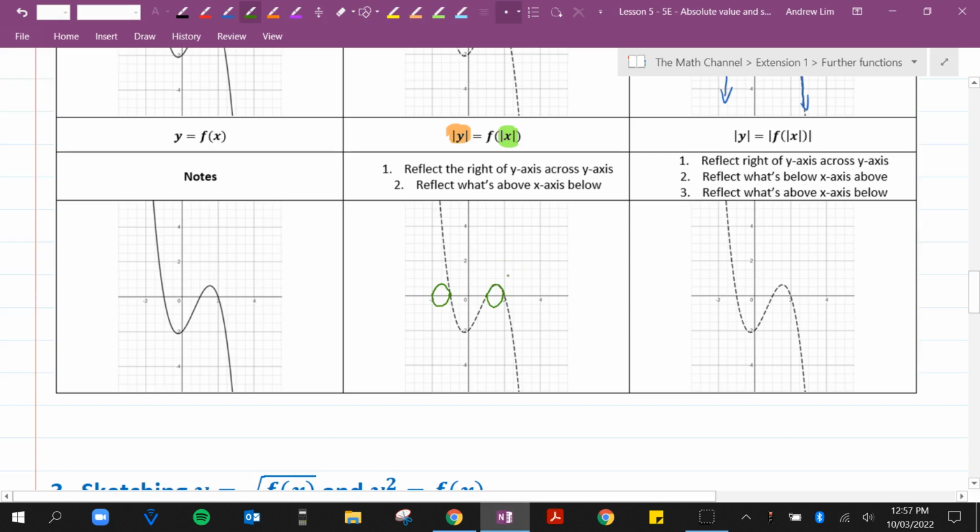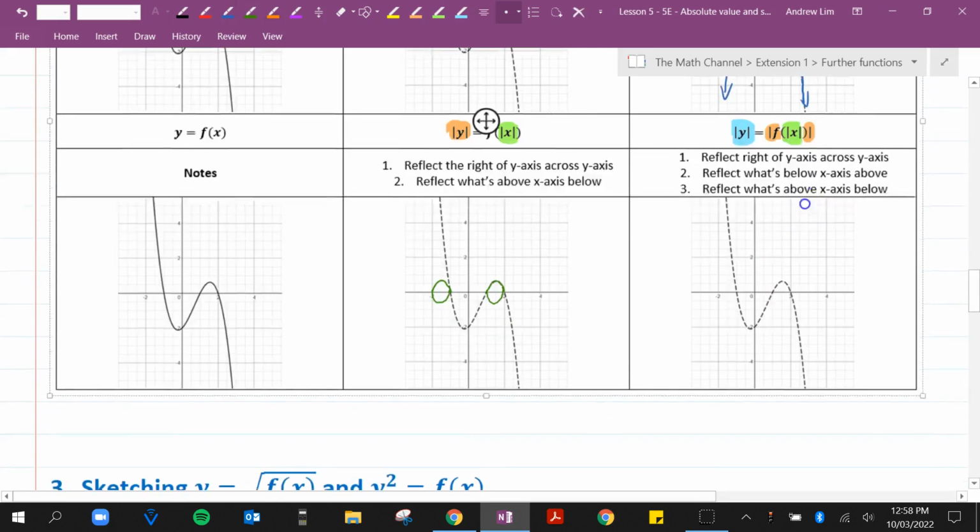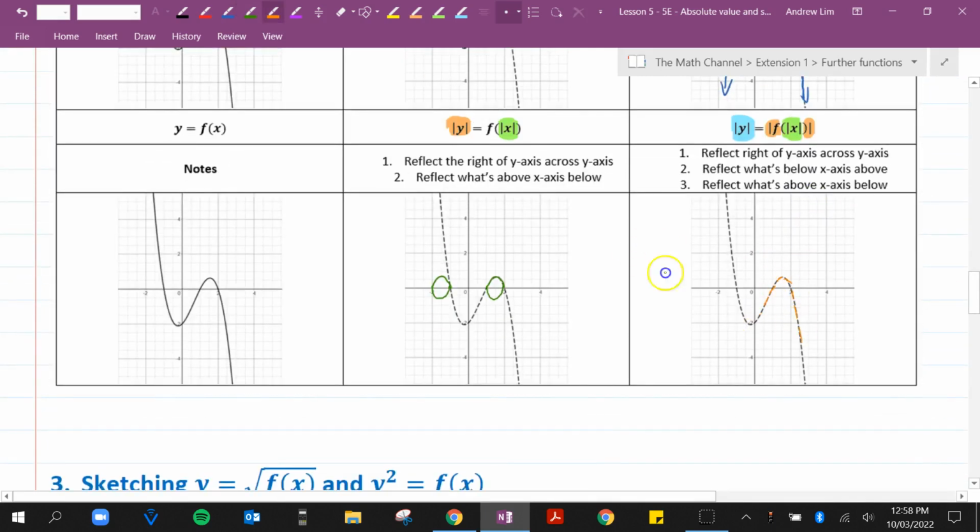And last one, 3 different things. Reflect across the y-axis, put everything at the top, and then reflect below. So I'm going to reflect all of this. I'm going to make all of that that's below come up.